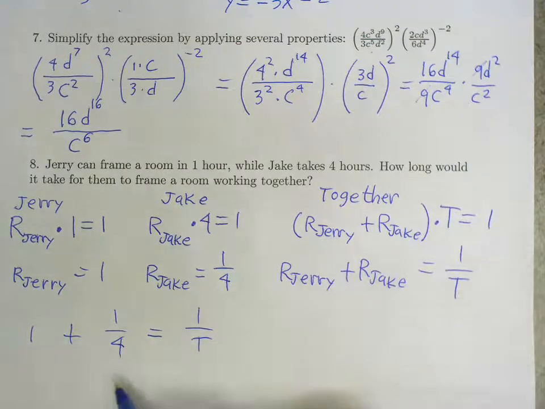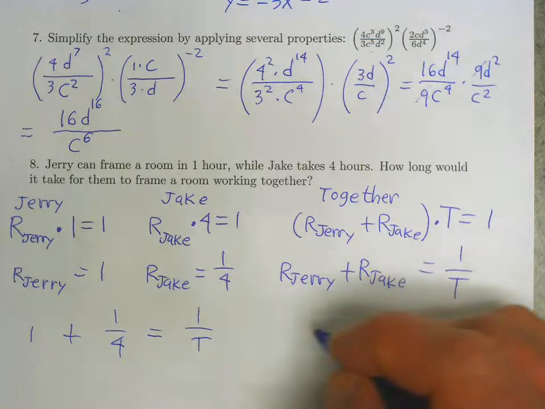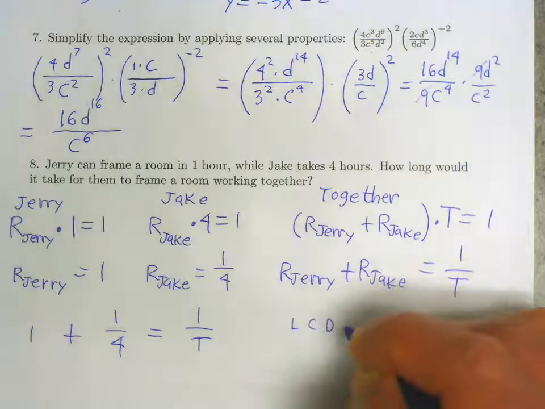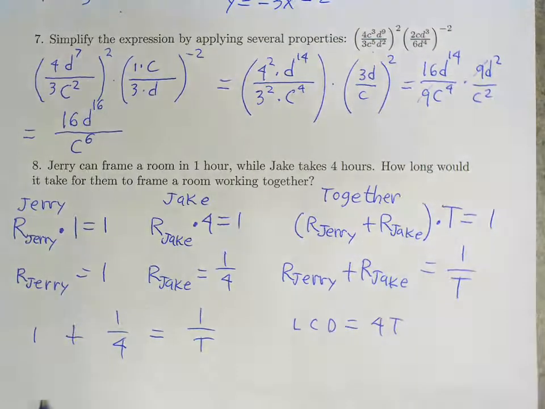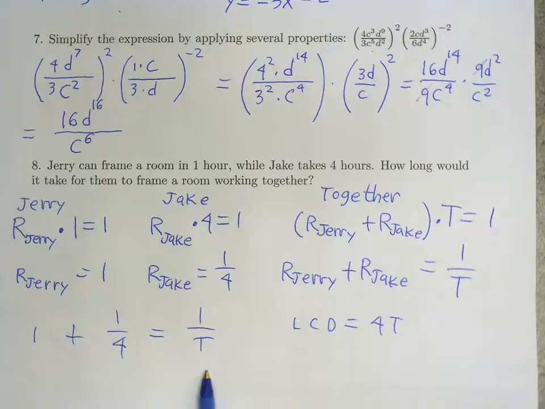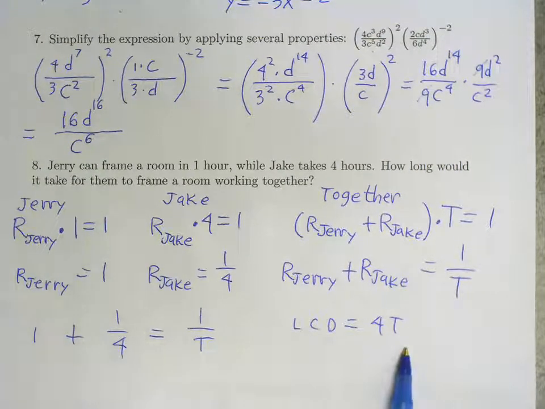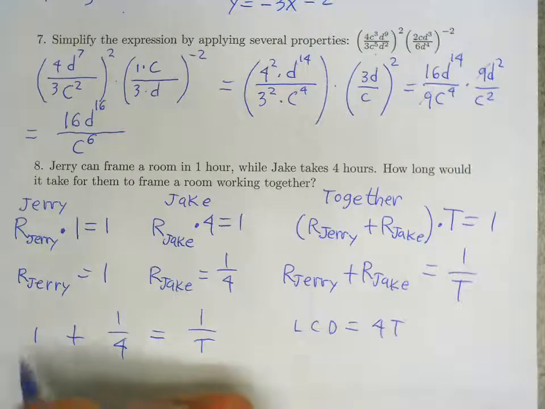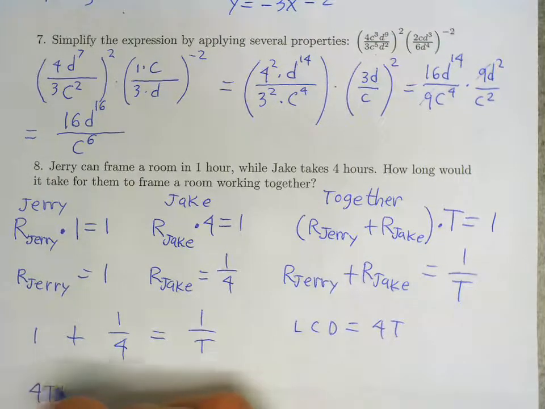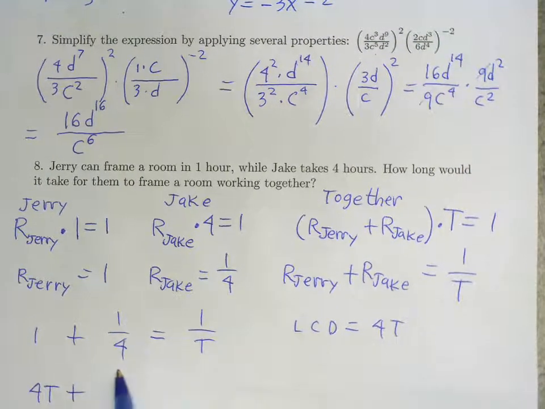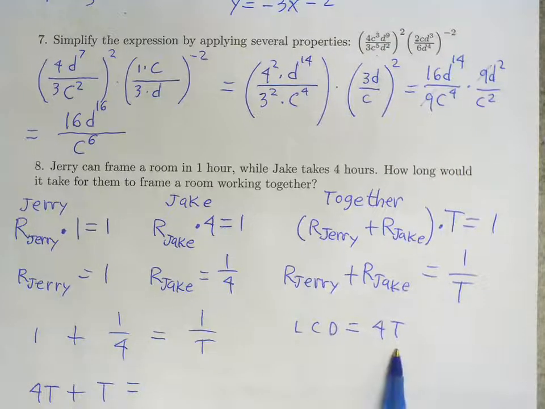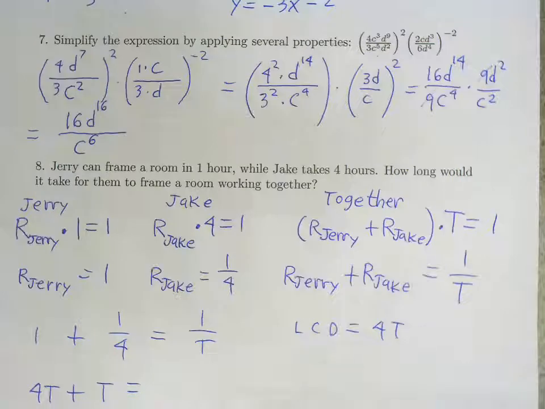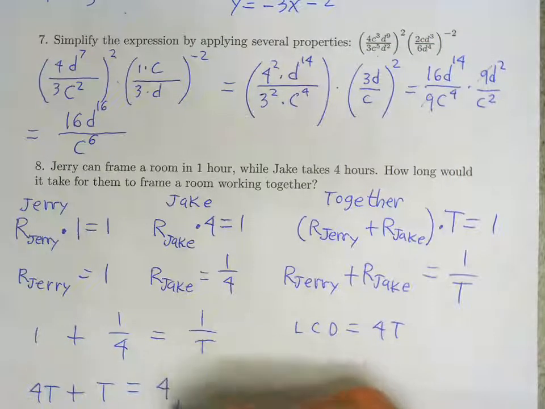Okay, so the least common multiple of the denominators, or the least common denominator, is just 4t. And then we multiply every term on both sides of this equation by 4t. So 4t times 1 is 4t. 4t times 1/4 is t. And 4t times 1 over t, the t's cancel, so that's equal to 4.